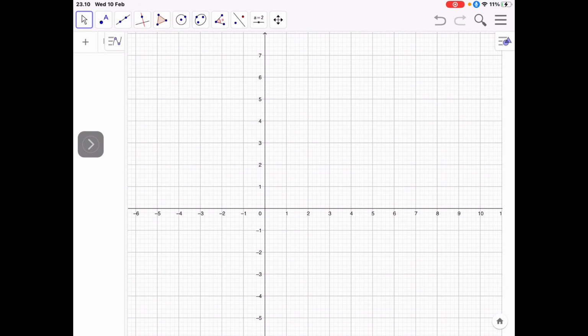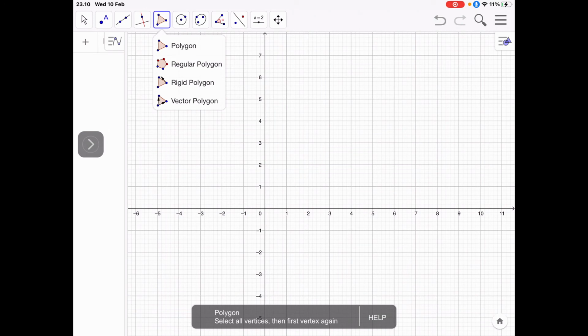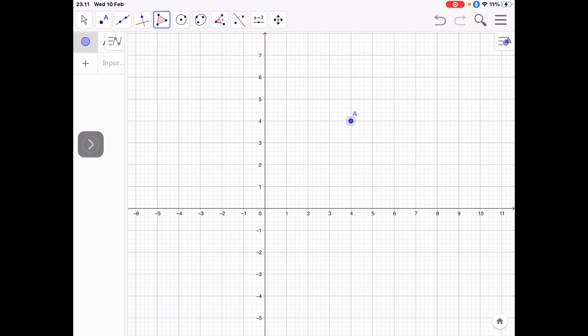In this video, we're going to see how we can find the center of enlargement and scale factor if an object and its corresponding image are given. Let's say the triangle ABC has coordinates A (4, 4), B is (7, 4), and C is (4, 6).